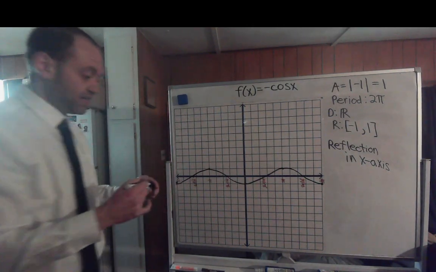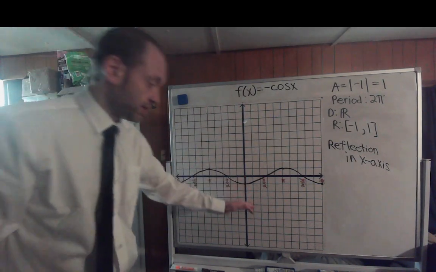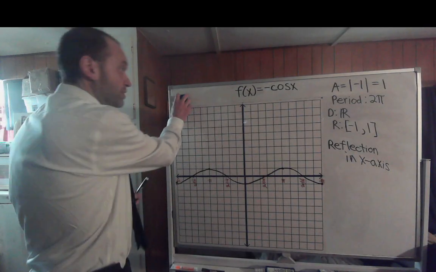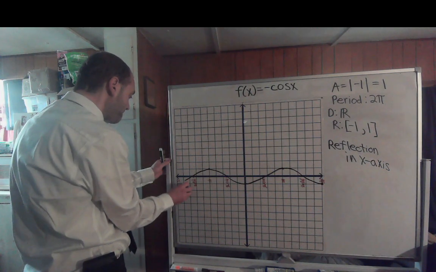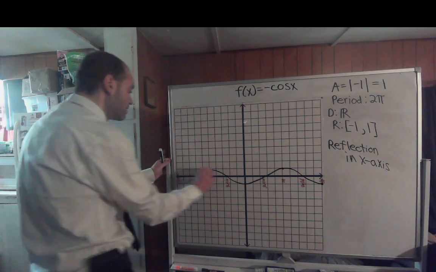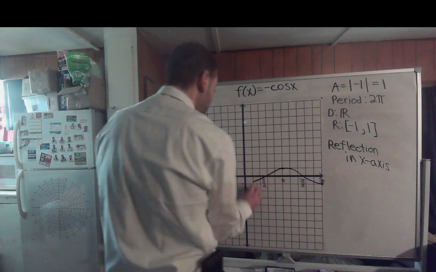So as you see, this is the graph of the normal cosine of x function, but simply reflected in the x-axis. That's all that really is. Alright, so there's some reflections.